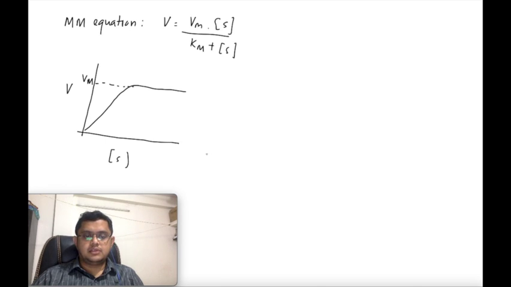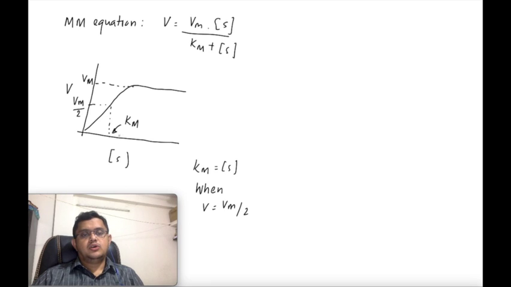In the previous lecture we saw that Km is equal to S when V is equal to Vm by 2. So you calculate Vm by 2 from this graph and extrapolate this. Whatever the substrate concentration at the intercept, this is what we call Km. So we can calculate Vm and Km based on this particular graph. This is called the MM graph.